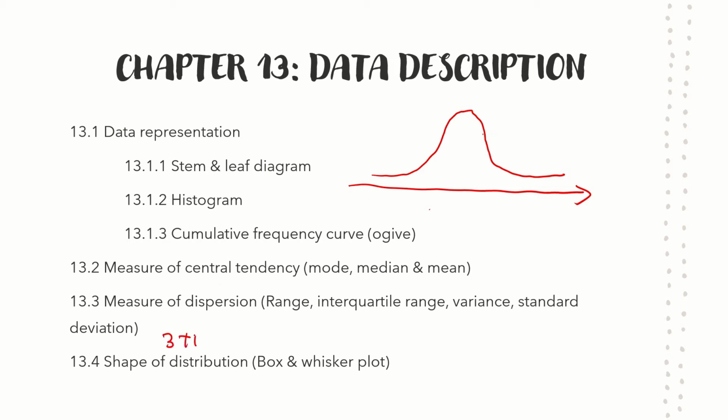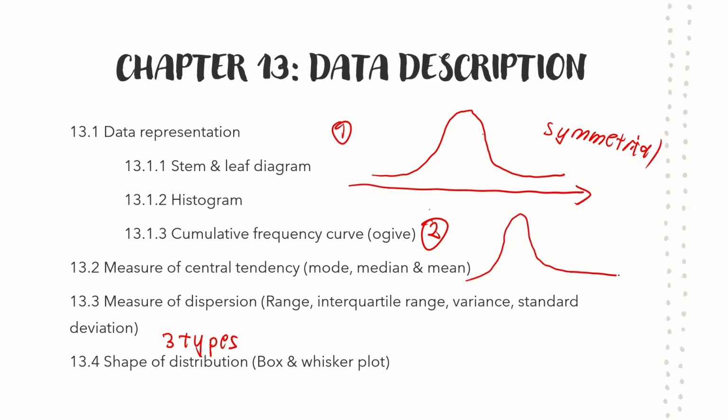This is the first type. We call this symmetrical. Symmetrical means the left hand side and right hand side are all the same. The area of the left hand side and the right hand side are the same. And the second shape of distribution we call positively skewed distribution. It looks like that. Positively skewed.